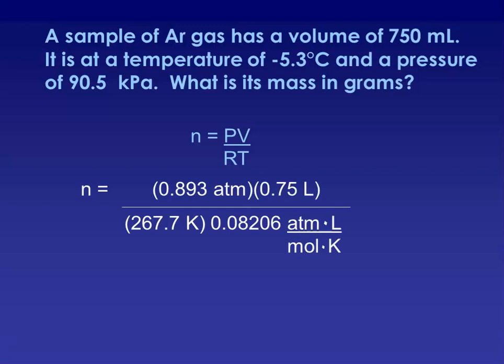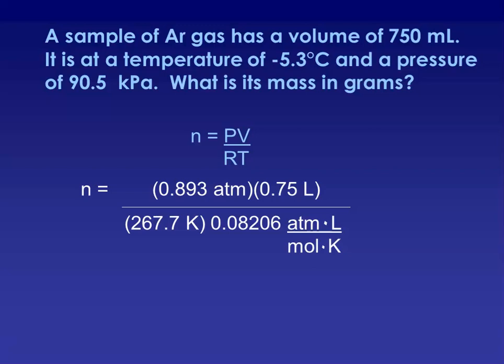So if we do those different conversions using the relationship that 101.325 kPa is equivalent to 1 atmosphere, we get our atmospheric equivalent to 90.5 kPa to be 0.893 atmospheres. Our volume would need to be divided by 1,000 to account for the relationship between milliliters and liters, giving 0.75 liters. And when we convert our temperature in Celsius to Kelvin by adding 273, we get 267.7 Kelvin.